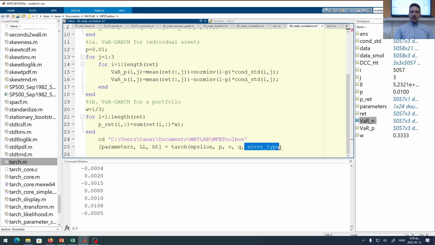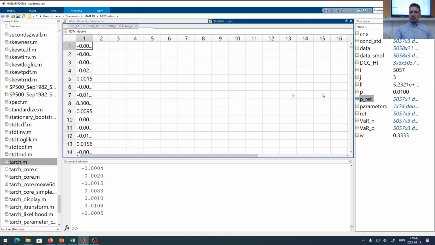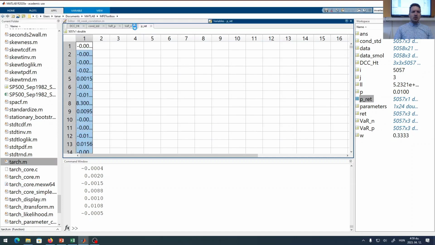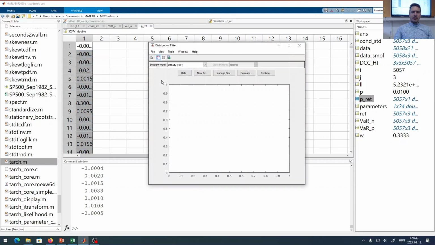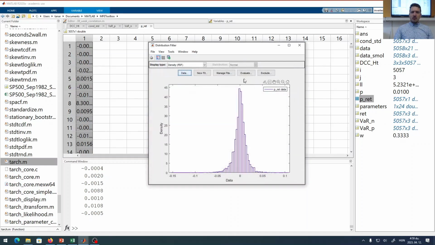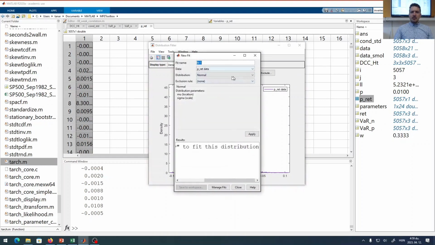So, if we can say that what is the portfolio return here, and if we are running the distribution fitting application, so data, period, yeah, do it, close, and then we are saying that okay, it's not normally distributed data, because it's clever.